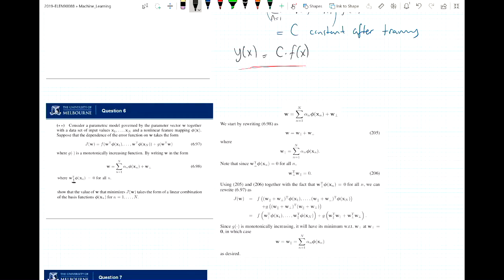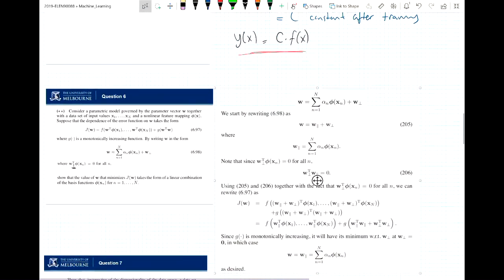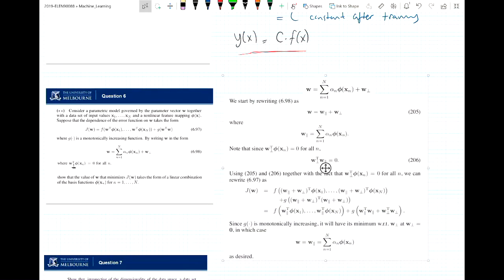So we can go through its derivation in a bit more detail now. Right? So we first write it in the most general case. We write it as a linear combination of the feature vectors over all the data points. There's a lot of redundancy here, right? Some of the alpha n's will be 0 if we have tons of data points, plus this additional term that is orthogonal to the feature space.